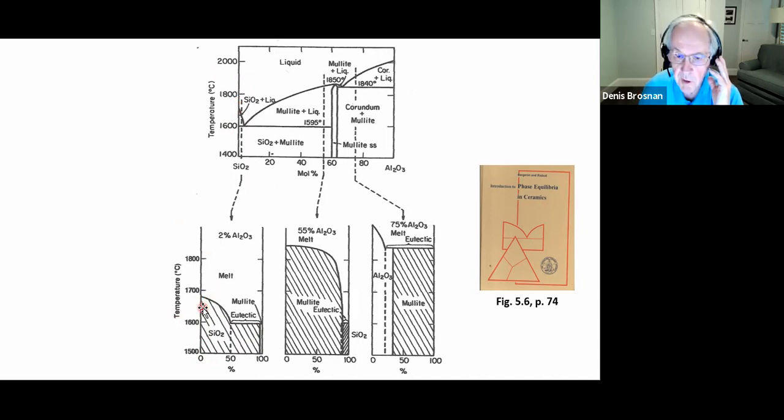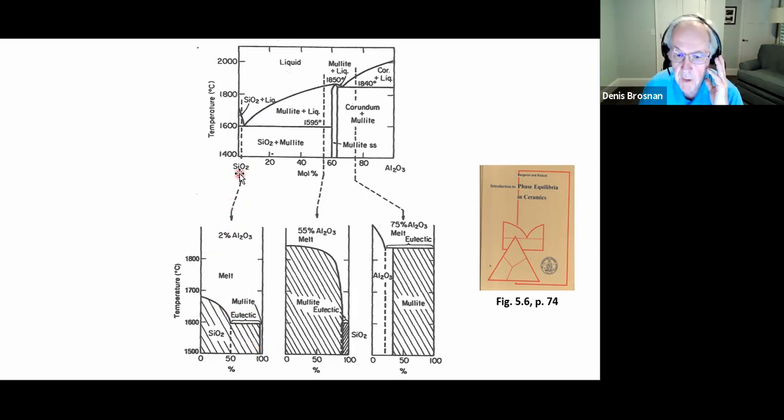Okay, it precipitates out of the liquid on cooling. As we continue cooling, we have more and more silica because this percentage right here would be a certain percent of crystalline silica and a certain percent of liquid. Okay, liquid is up here. As we go below the eutectic temperature, then we start seeing mullite formed. So what will be present is silica, mullite, but we also have eutectic liquid present.